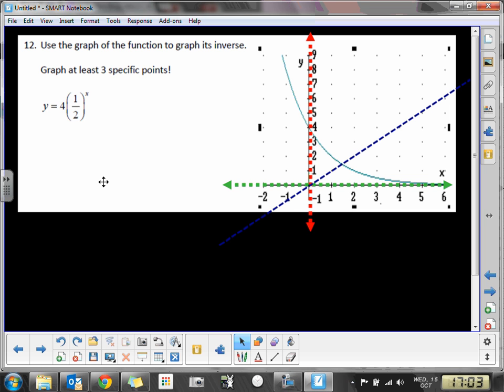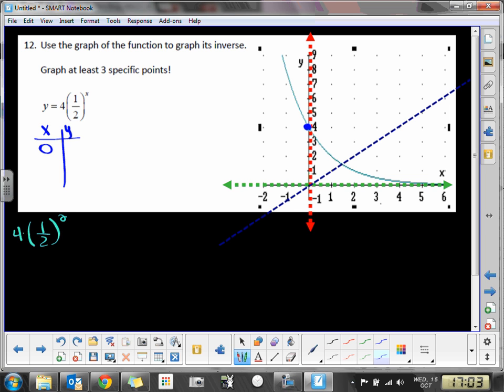Now I'm going to go about finding some ordered pairs that I can graph and turn around. On the original graph, this looks like a pretty good ordered pair, 0, 4. When we put in a 0, I'll go x and y, we get 1/2 raised to the 0 times 4.